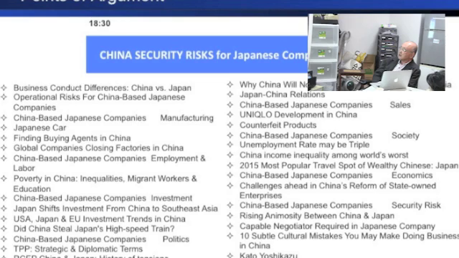The right-hand side is why China will not become the dominant power in Asia. This is the title of some presentation materials. I just picked a word and I'll show you something.